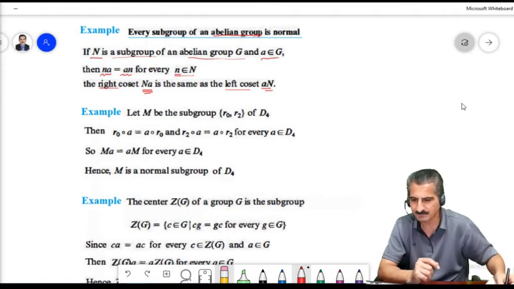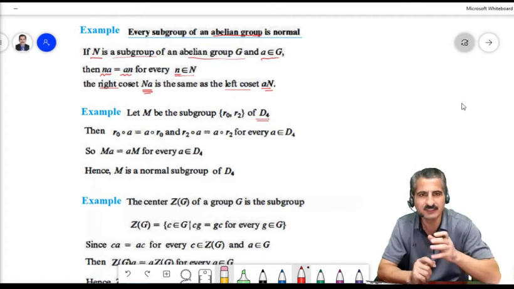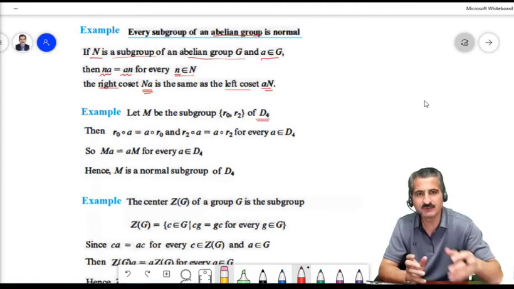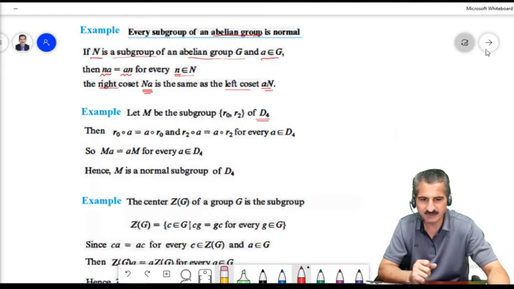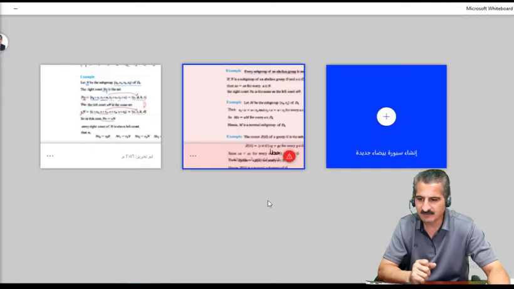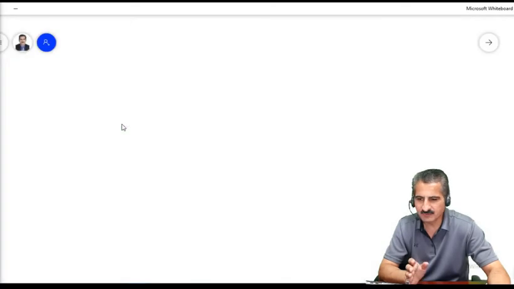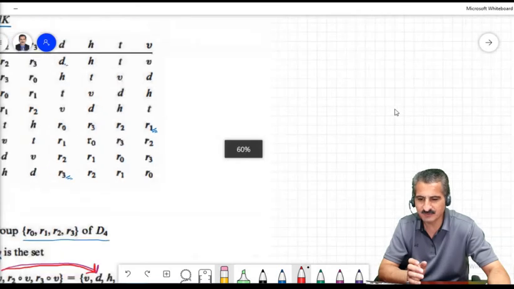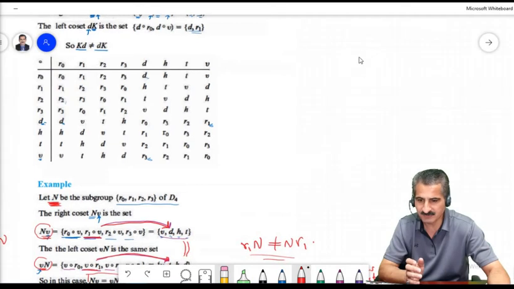Okay. Now in D4 we have seen a group K which was not normal. If we go back to the group we have seen above, it will be a good idea. We have seen the definition of normal subgroups, and we have two examples already in hand, so let's go to these two examples and see which one was normal and which one was not.